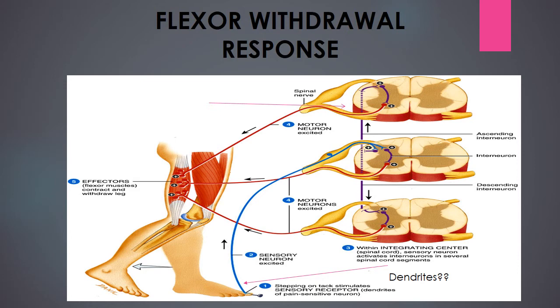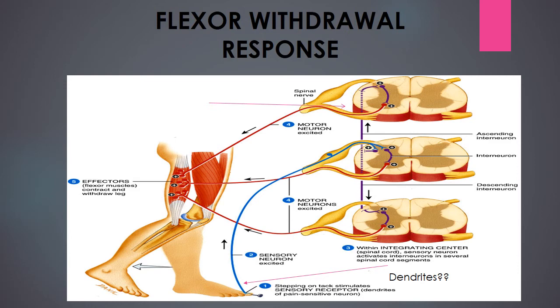This would be transmitted up the deep peroneal nerve, probably, where this sensory neuron enters the spinal cord and forms a synapse with alpha motor neurons that project to the hamstring muscle. The action potential in this alpha motor neuron causes the hamstring muscle to contract, to withdraw the pressure of the foot against the tack.